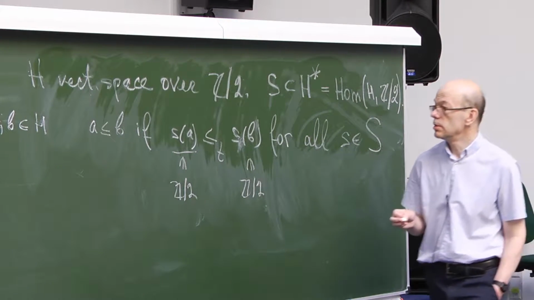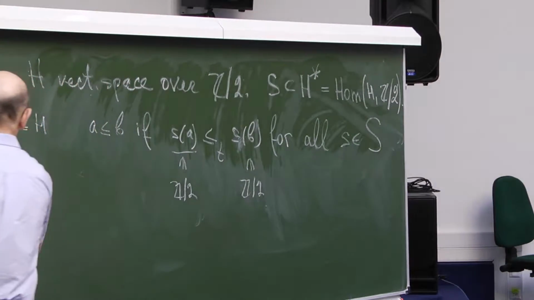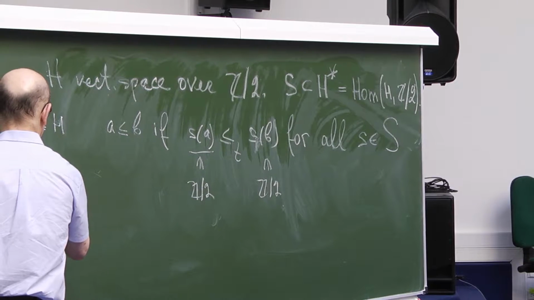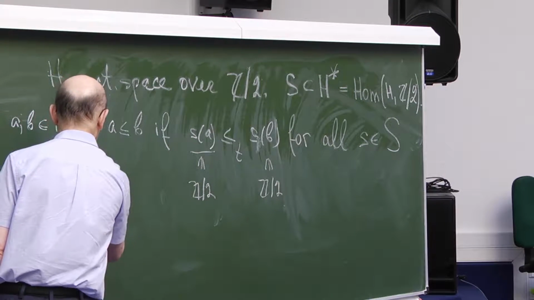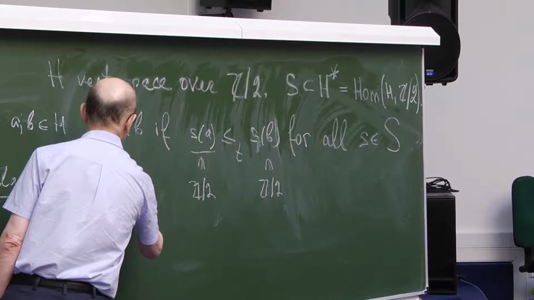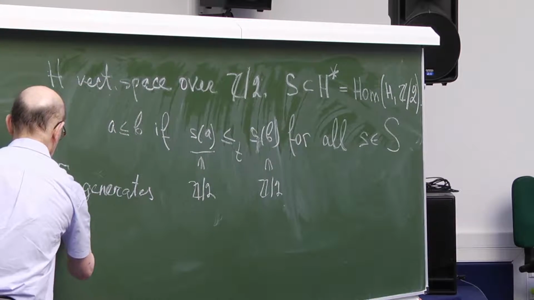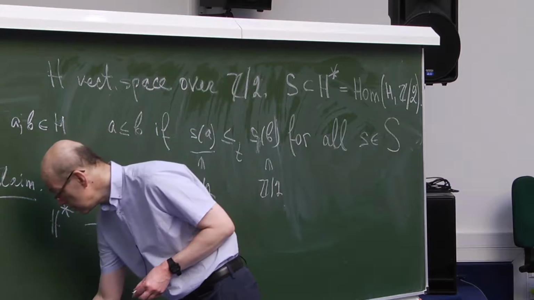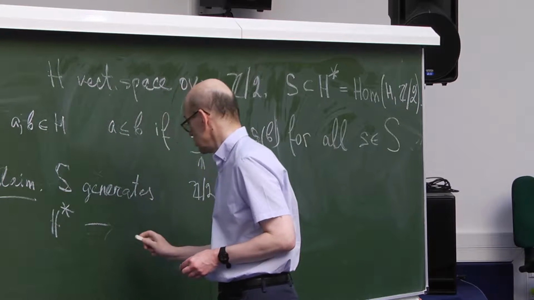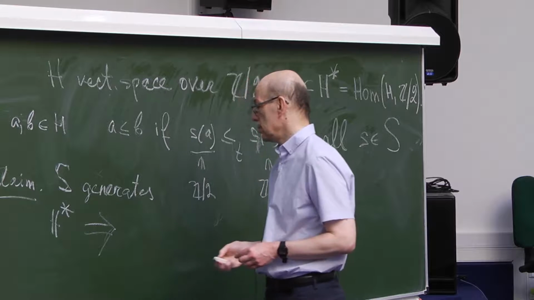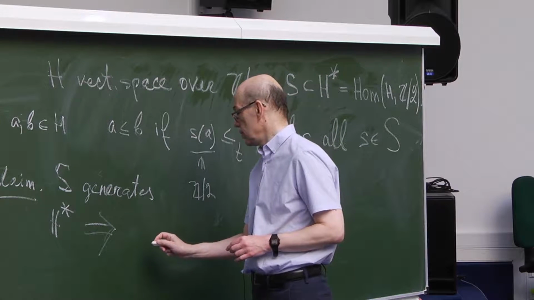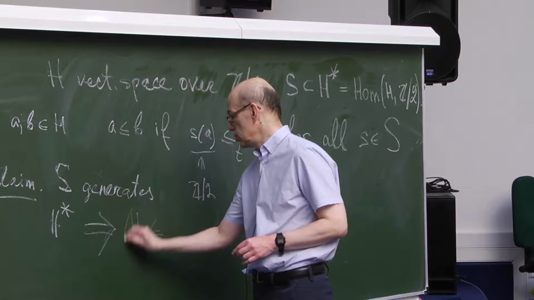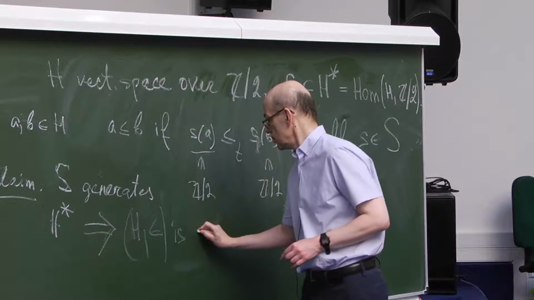And the claim is that if S, the big set S, generates H star, then what we get here is an additive poset. So then H with this partial order, actually it is a partial order, is an additive poset.